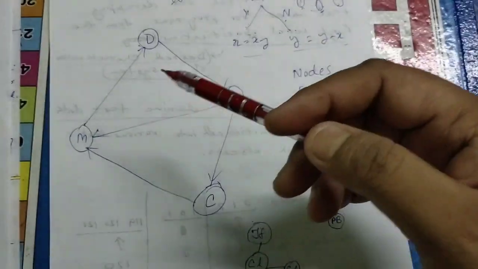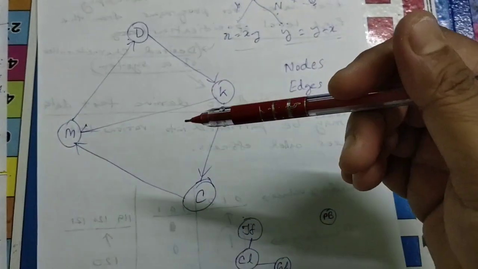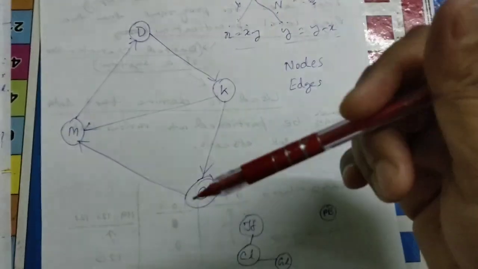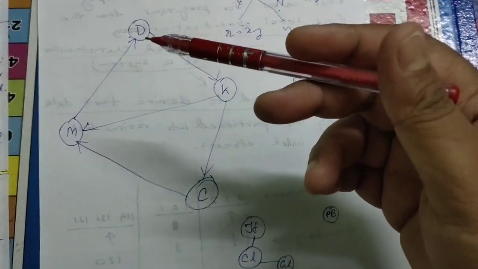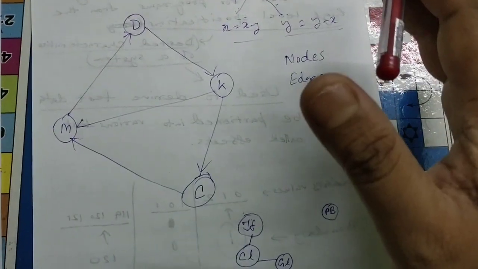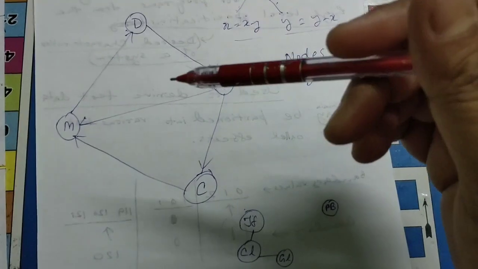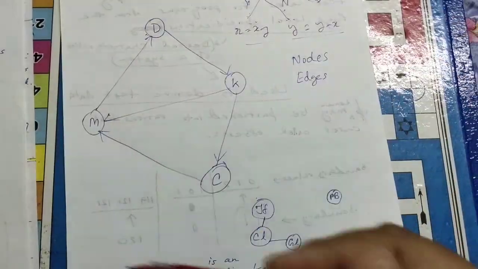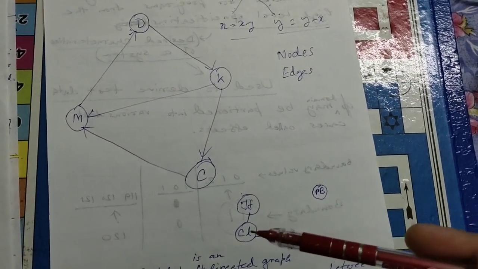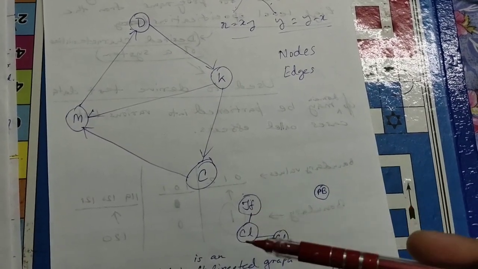So all these nodes are connected to each other, maybe directly or indirectly. See, D and C, there is no direct connection, but D and C are connected via M or via K. So there is also another path. Now, if we consider these 4 metro cities, they are all connected. Now, consider as a whole India and Sri Lanka. If we consider 3 cities of Sri Lanka, Jaffna, Colombo and Galle, they are connected because there are roads.